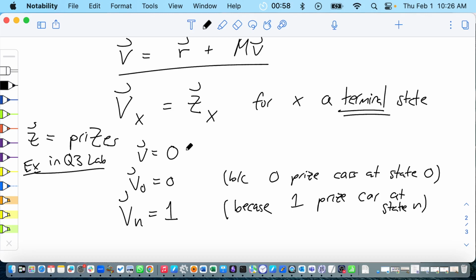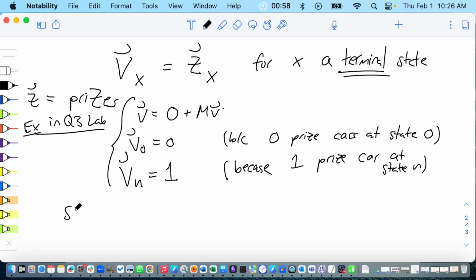So you get v equals 0 plus mv. So this is the system of equations for the number of cars. And in fact, the bonus question was to set up this system of equations and solve it and prove that the solution is some specific thing, which turns out to be v of x equals x over n.